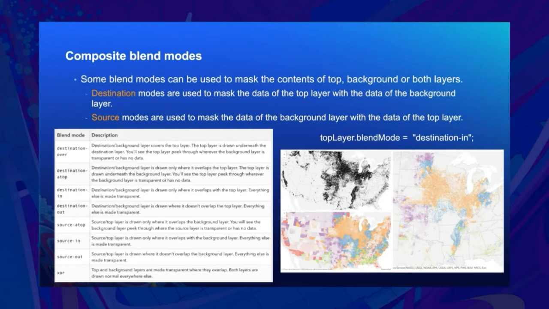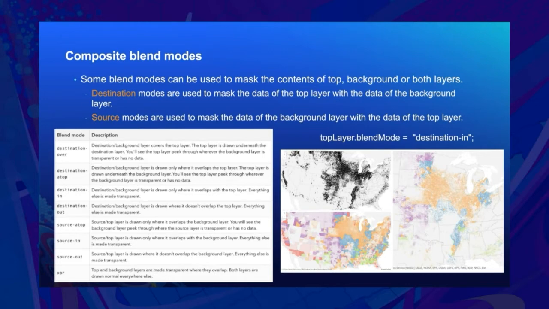The right image shows the result of the blend mode where the destination in blend mode was set on the imagery layer. Okay, so as you can see here, the effect is very different from the original layers again.